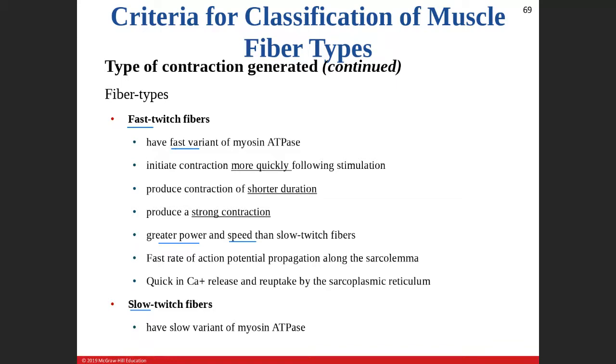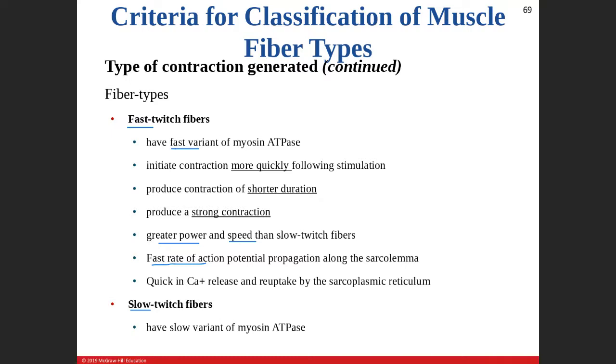We're going to be able to move our action potential at a much faster rate along the surface of the sarcolemma. And then how quickly we're able to, like I said, release calcium from the sarcoplasmic reticulum, and then how quickly calcium ion pumps can pump it right back into the sarcoplasmic reticulum following a contraction, or stimulation, I should say.